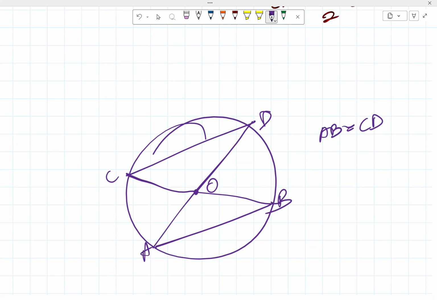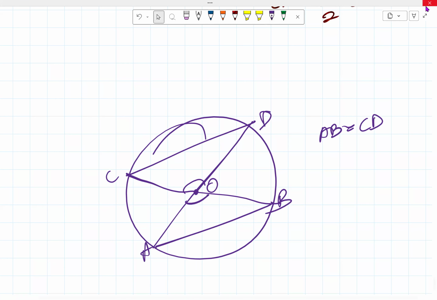So this subtends this angle, and this subtends this angle, right? This is already looking like vertically opposite angles even, so we can easily say this is equal to this. But there are other ways to prove it. Let's see what the proof looks like here.